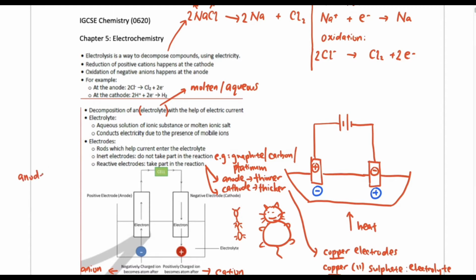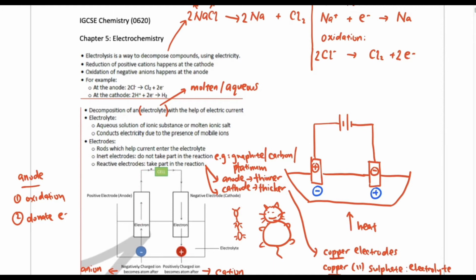What happened in the anode? Oxidation. What is oxidation in a more sensible way? Oxidation means donate electrons. That is what happens to the anode. Donate electrons. That's why electrons from the anode come out to the external circuit.